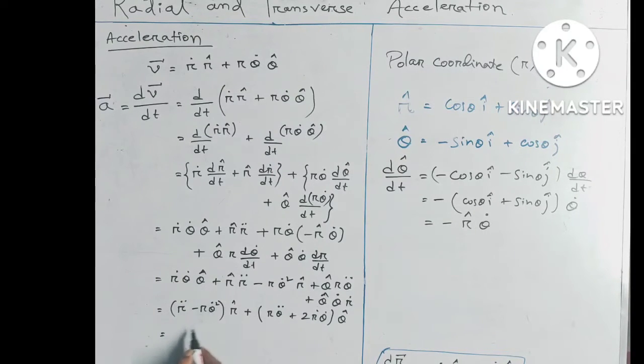So this term is our radial acceleration and this term is transverse acceleration. So this is the whole equation for acceleration.